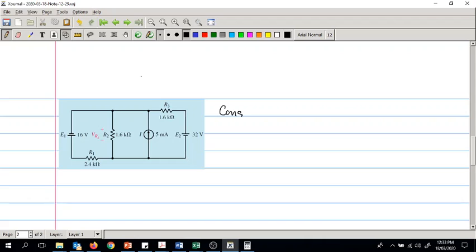consider E1 only. If you consider E1 only, our circuit becomes, so you have the resistor here, and you have the E. Please don't mind the shapes, because I'm not in a very comfortable situation like in the lecture hall.